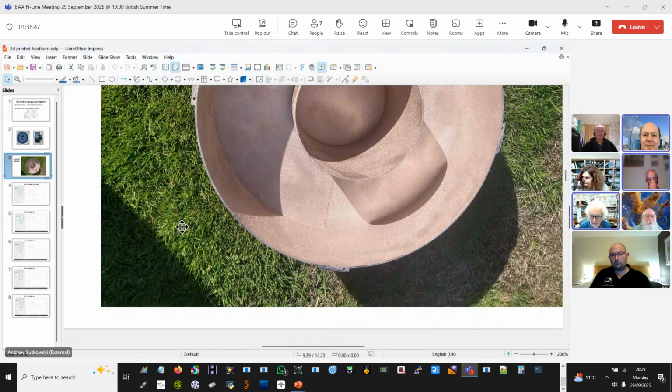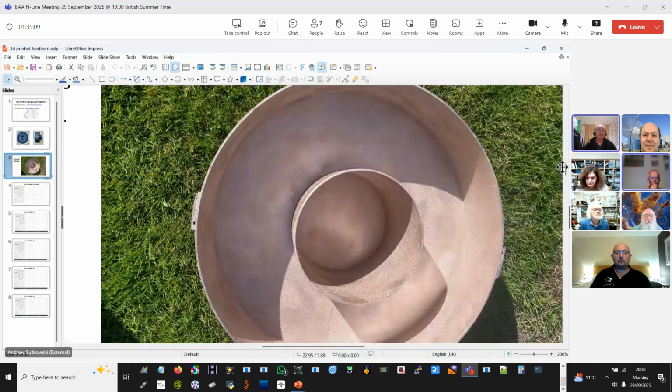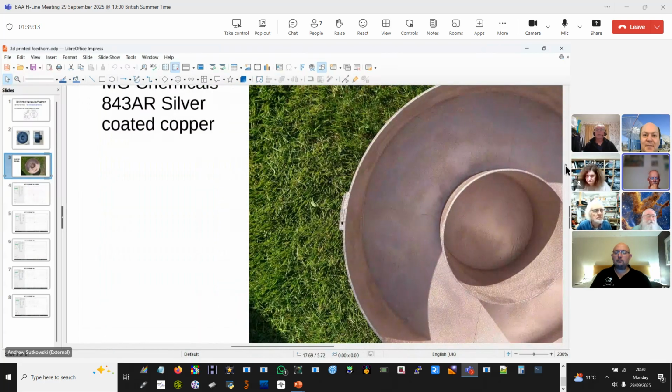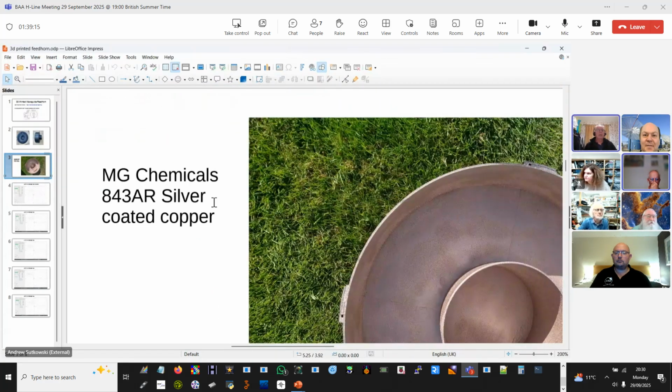And it works. So, ta-da. So did you say you put a link for that paint someplace? You posted the 3D file someplace? No, the paint. Oh, the paint's up there, further up. There it is. MG Chemicals 843AR silver coated copper, from Amazon.